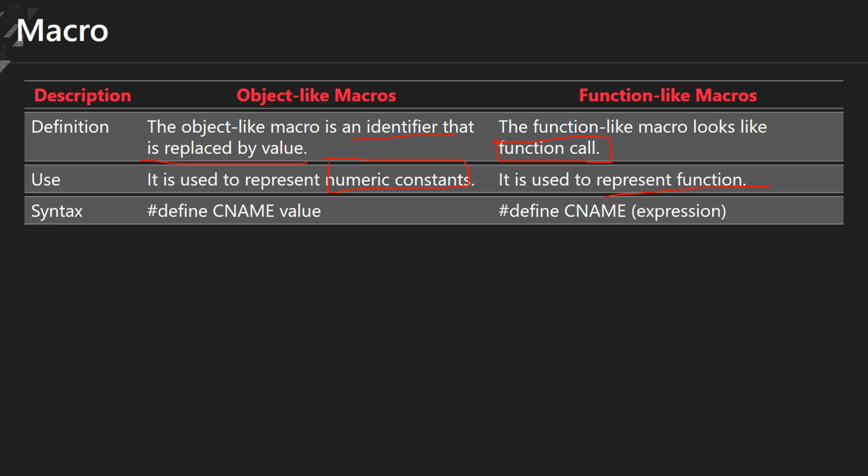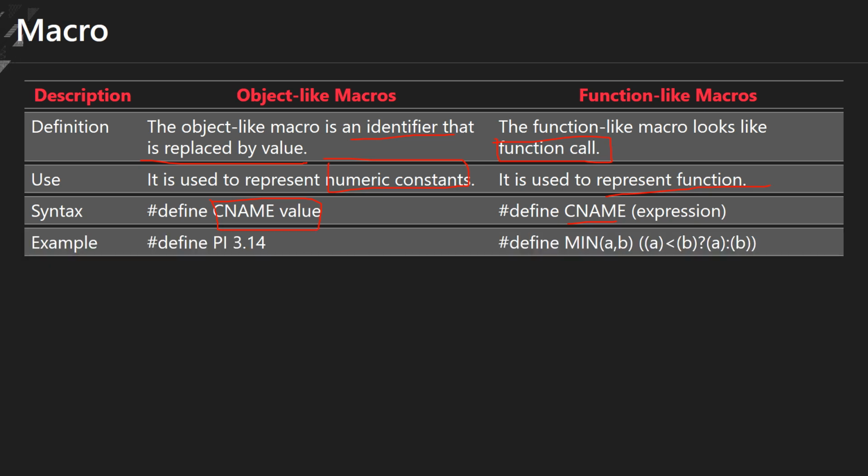So what is the syntax? Hash define, the name given for the variable, then the value. Here you define the macro name and within that give the expression. Example: hash define pi 3.14. This value will not change.